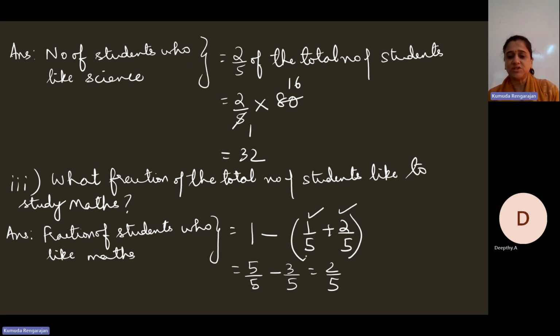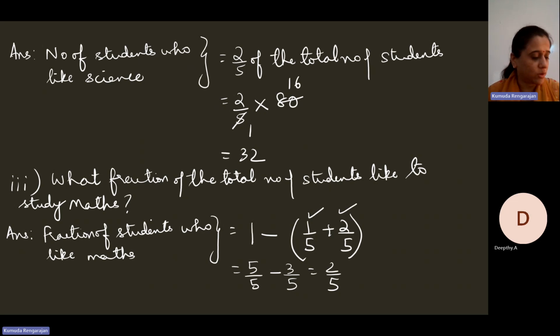Since this fraction is 3 by 5, we write 1 as 5 by 5. If this fraction is 3 by 7, then we'll write 1 as 7 by 7. So 2/5 of the students like to study maths.